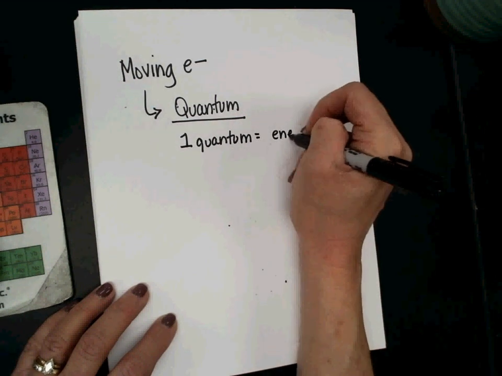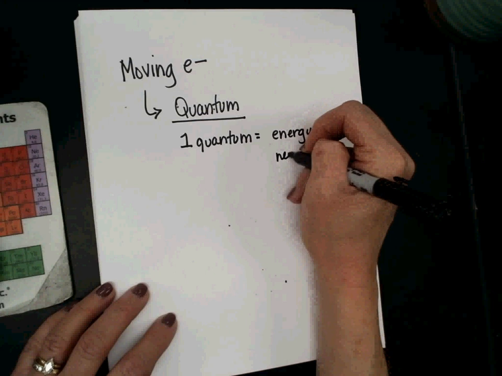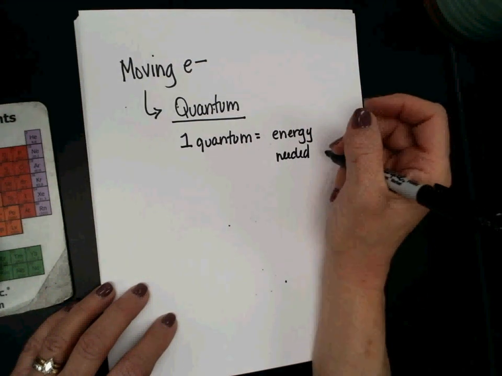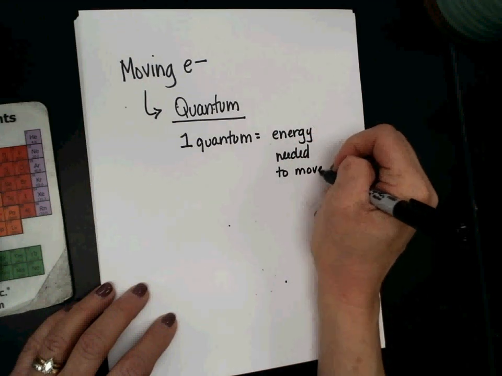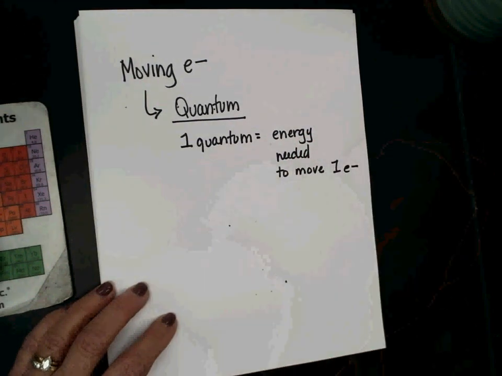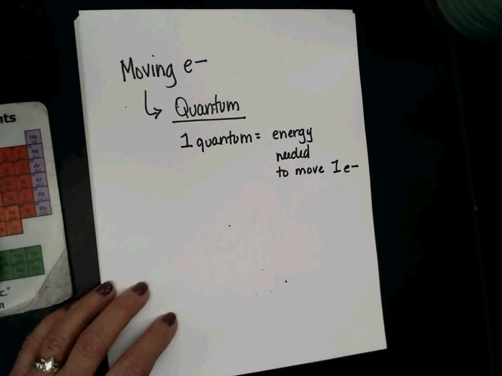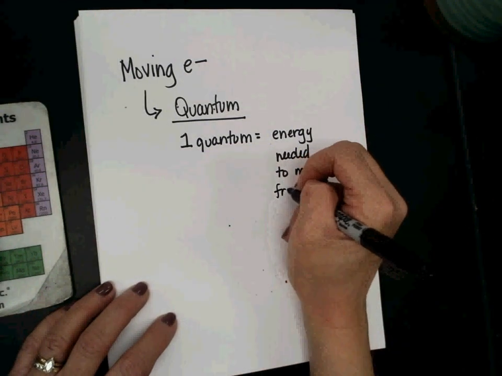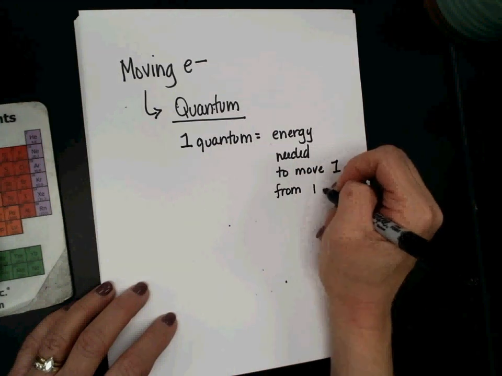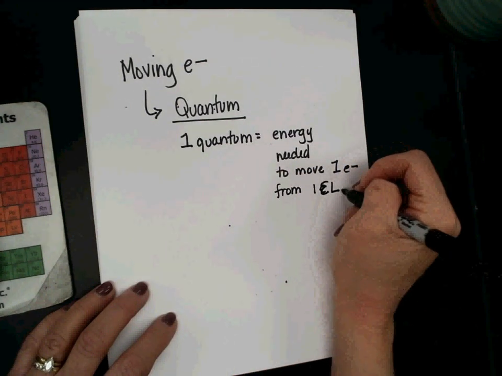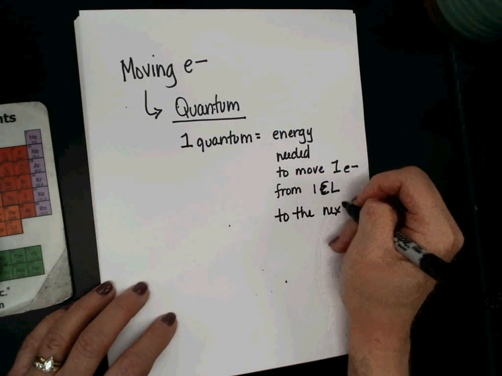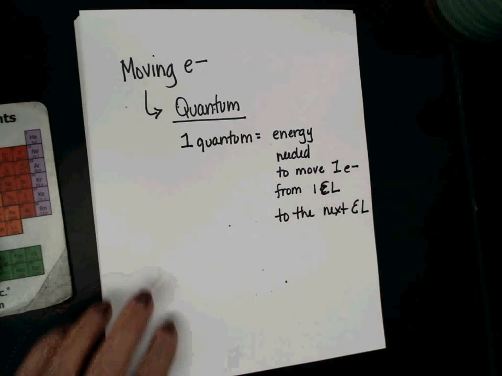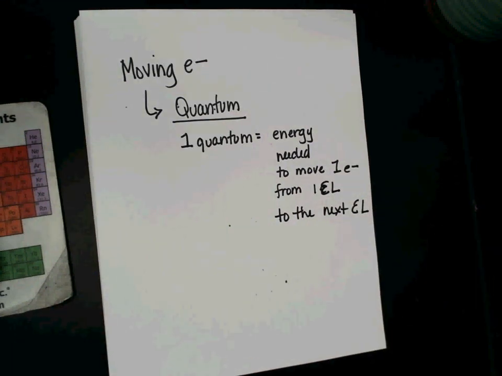One quantum equals the energy needed to move one electron from one energy level to the next energy level.